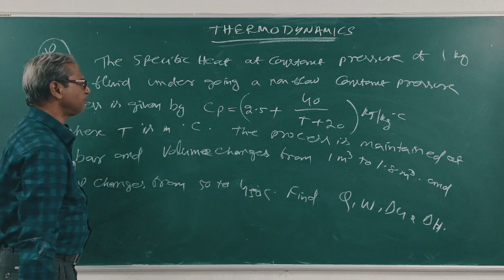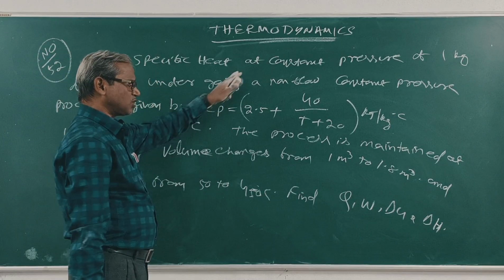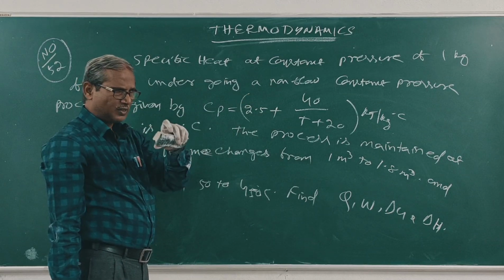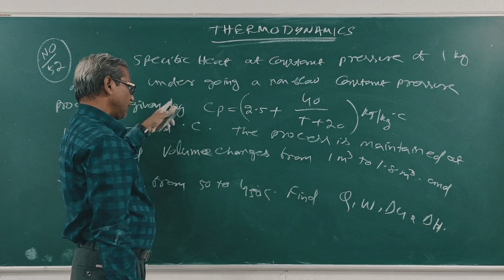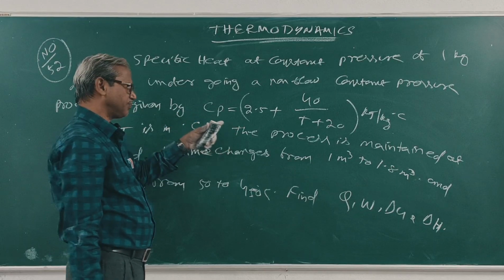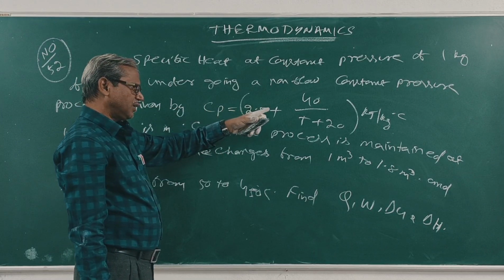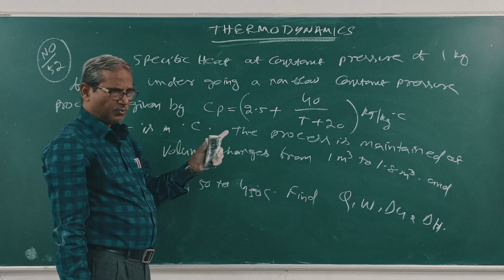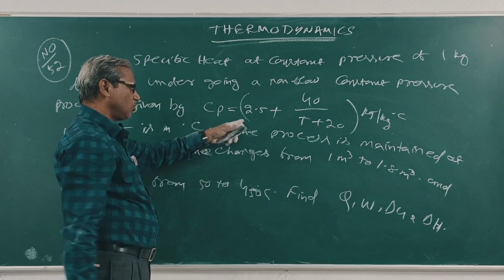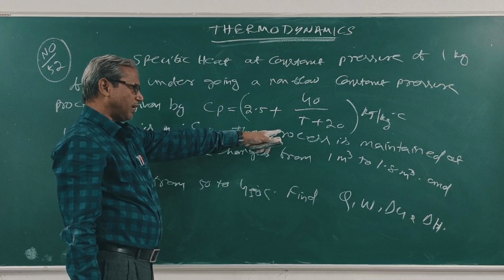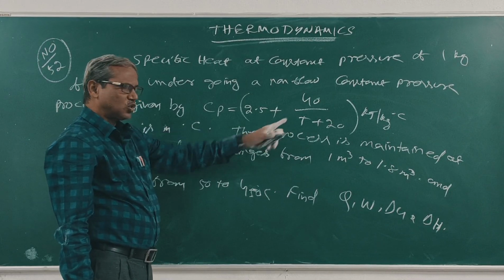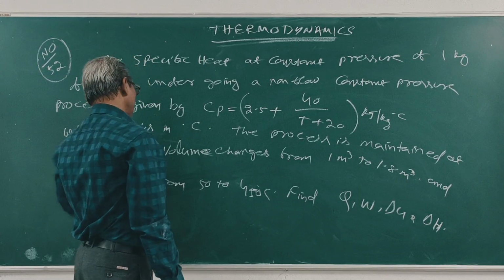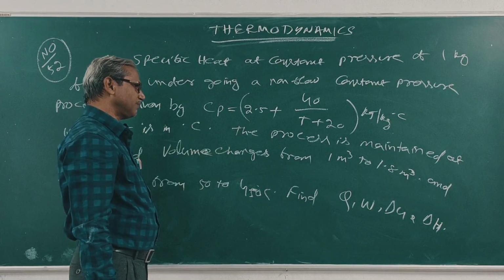This is question number 52. The specific heat at constant pressure Cp of 1 kg of gas, mass 1 kg, or fluid, undergoing a non-flow constant pressure process is given by Cp is equal to 2.5 plus 40 by T plus 20 kilojoule per kg degree centigrade, where T is in degree centigrade.